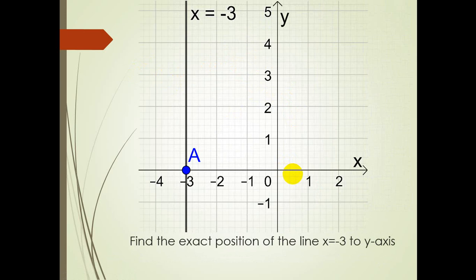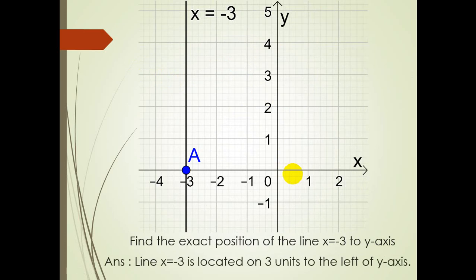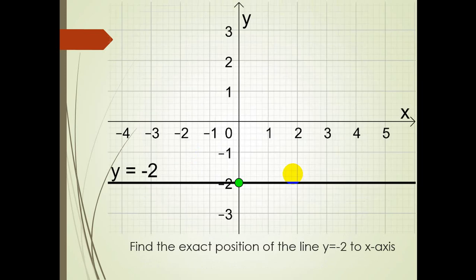Now in this question, find the exact position of the line x equals -3 to the y-axis. As you can see here, line x equals -3 is located 3 units to the left of the y-axis. I think it's not difficult, right? Okay, next slide.